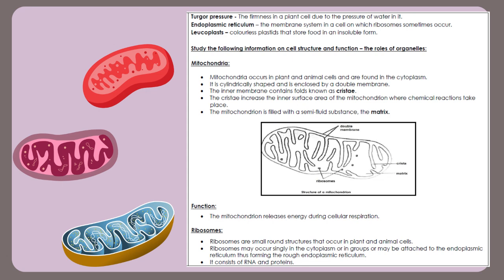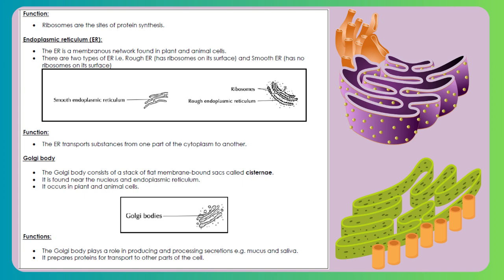Ribosomes. Ribosomes are small round structures that occur in plant and animal cells. Ribosomes may occur singly in the cytoplasm or in groups or may be attached to the endoplasmic reticulum, thus forming the rough endoplasmic reticulum. It consists of RNA and proteins. Function.